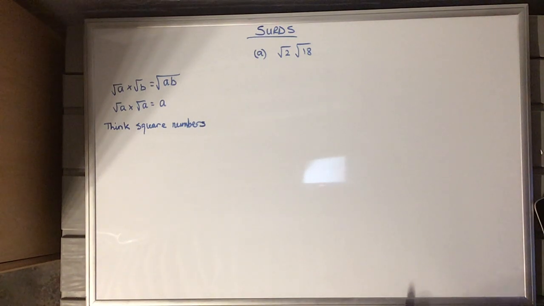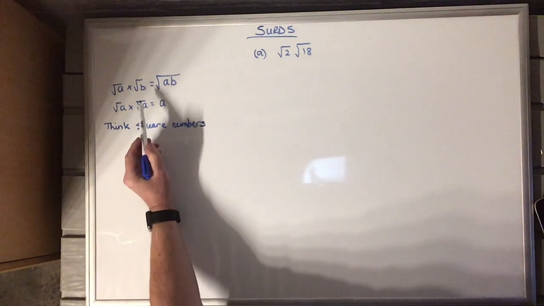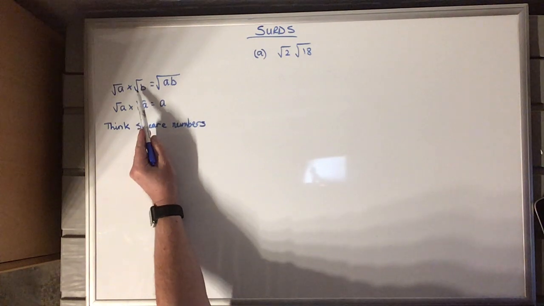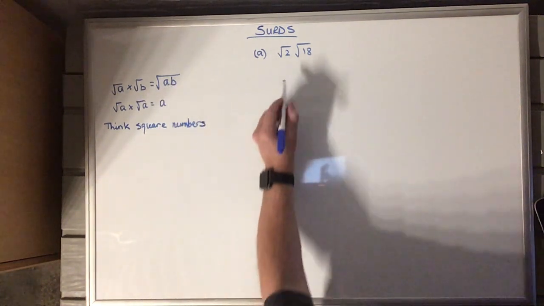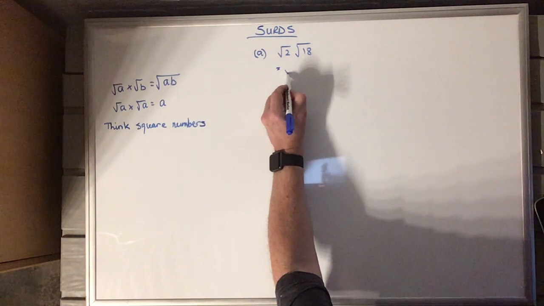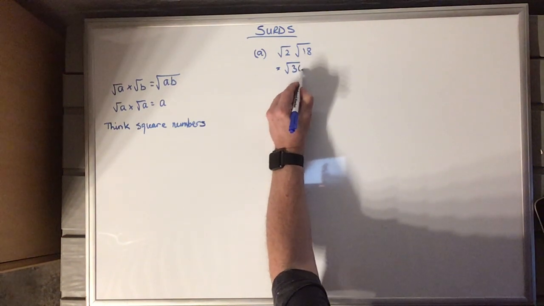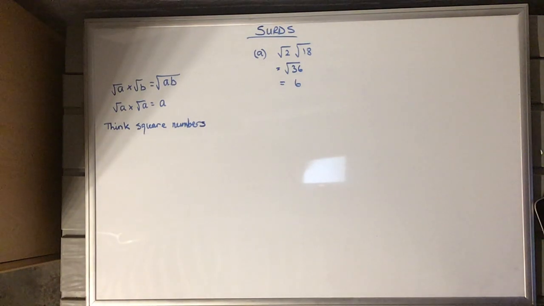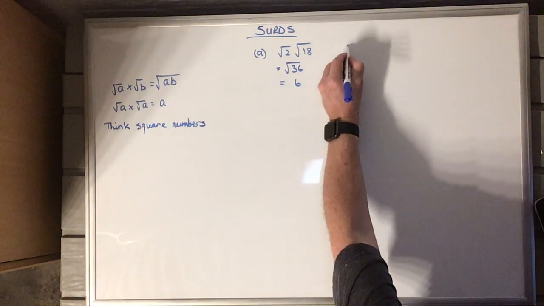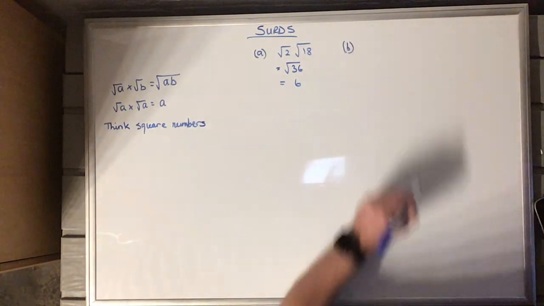Well, to simplify it, let's look at this rule here. Again, we're back to this rule. Well, root A times root B equals the square root of AB. Well, if we do that, that's 2 times 18, which is 36. That's root 36. The square root of 36 is 6. So, there we go. Nice and easy.